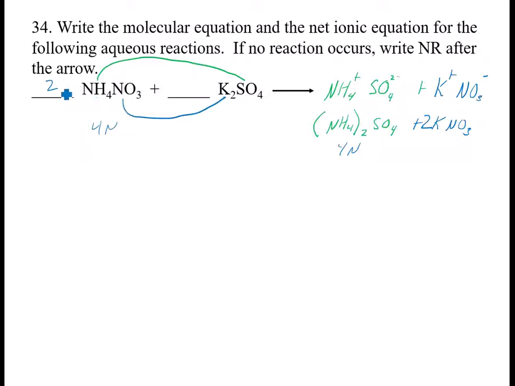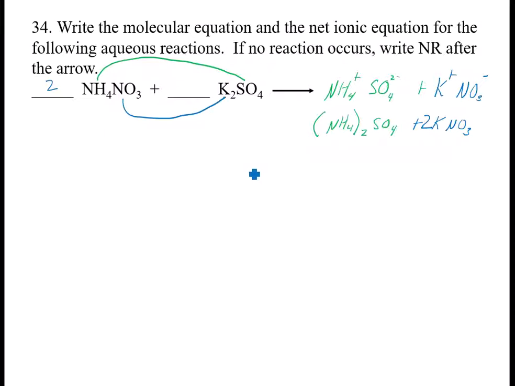Oxygens: 2 times 3 is 6, plus 1 times 4 is 4, giving me 10 oxygens. Over here, 4 oxygens plus 2 times 3 is 6, gives me 10 oxygens. So everything is balanced.